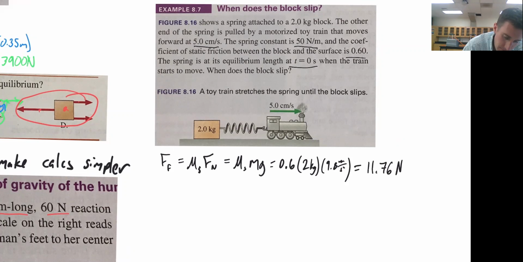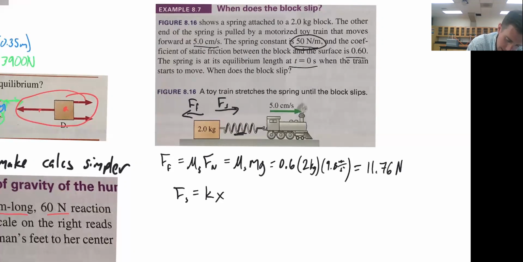Now, I have it on a spring, right? And I've got the force of friction back this way. And then the force of the spring is going to be that way. And so those are going to have to be equal to each other, right? The force of the spring is going to have to be bigger. That would be F sub spring is going to be equal to Kx. K is 50 newtons per meter.